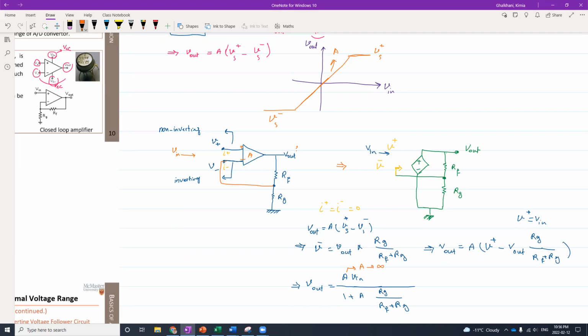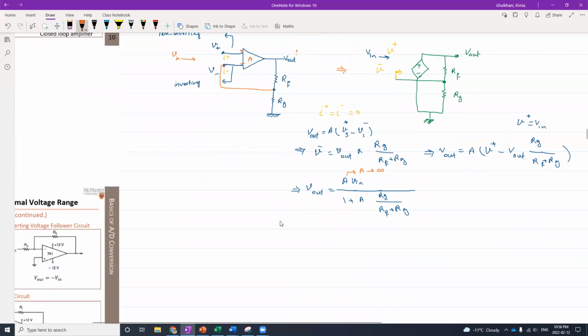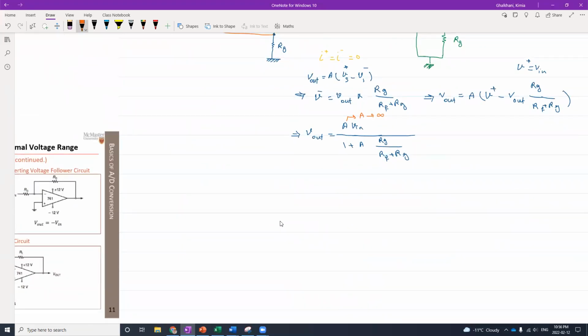Then I can rearrange the equation like this: V out equal to 1 plus R_F over R_G times V in. And this is exactly what I was looking for.